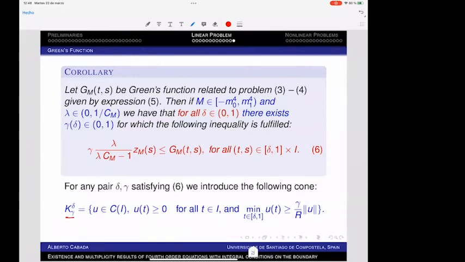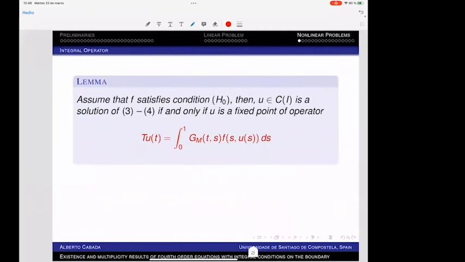For any delta, we have the gamma, right? Bigger or equal, and we have that the minimum in (delta, 1) is bigger than gamma, this gamma, and R. Remember that R appears in the previous inequality, and it is related to the maximum, right? This is the cone, right? That we put K_{gamma,delta}.